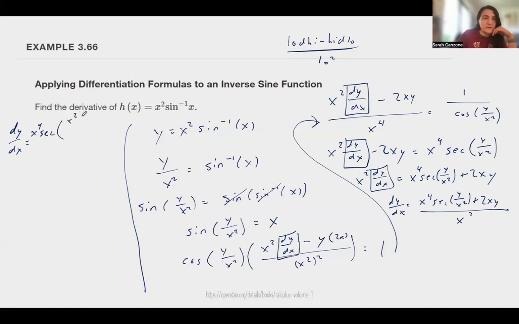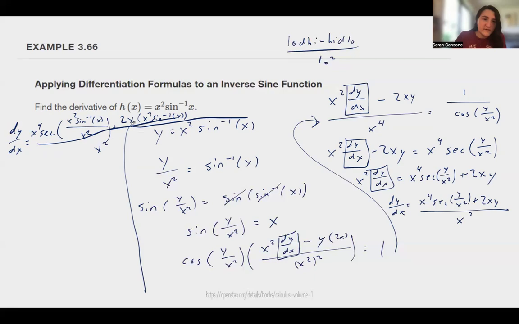So this is x squared arc sine of x over x squared, plus 2x, y is x squared arc sine of x, and this is all over x squared.